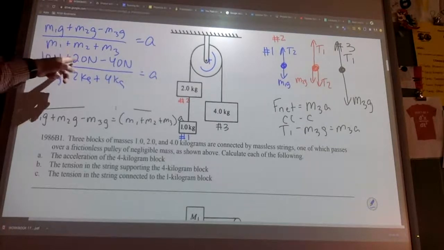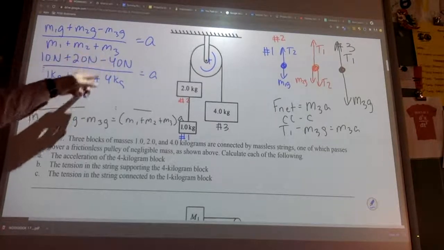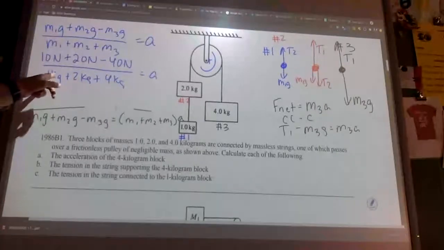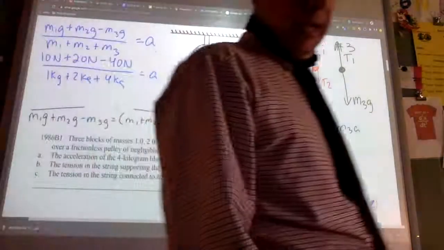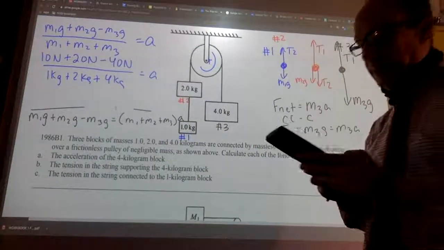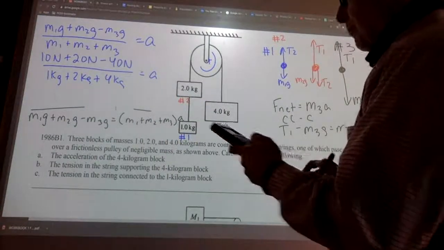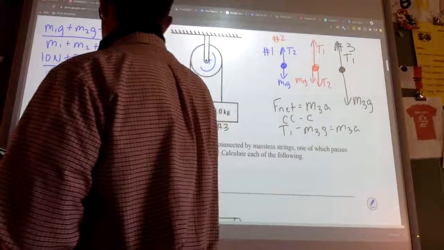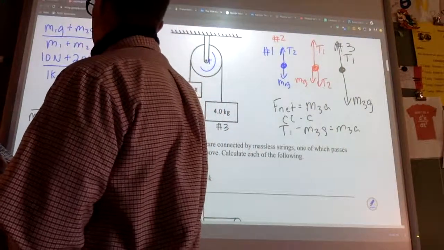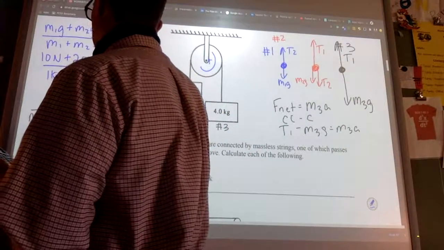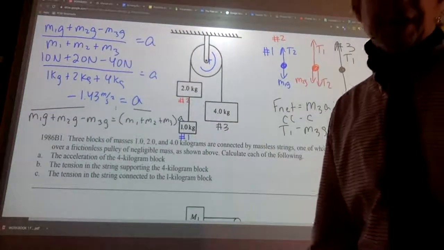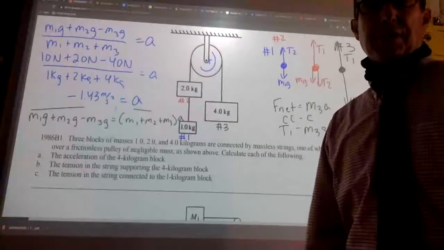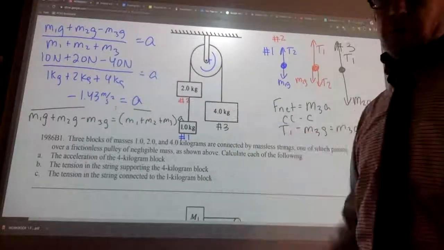I have 10 plus 20 is 30, minus 40 is negative 10, divided by 1 plus 2 plus 4 is 7, and I should get what I said, which was 1.42. Actually, 1.43. Negative because the direction of this is clockwise, because this is the bigger force.